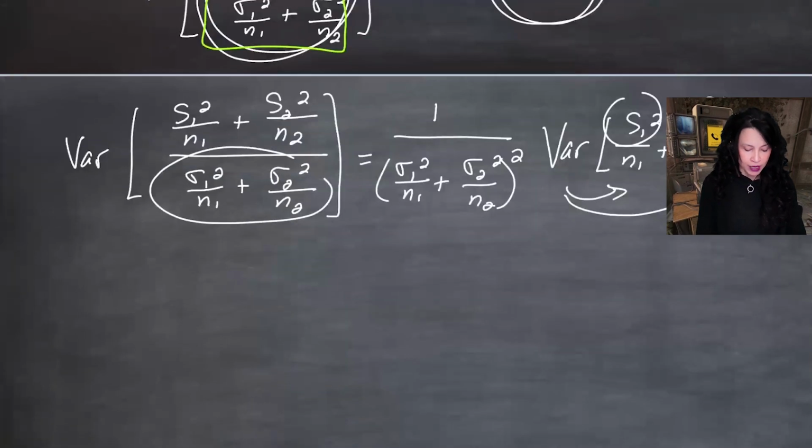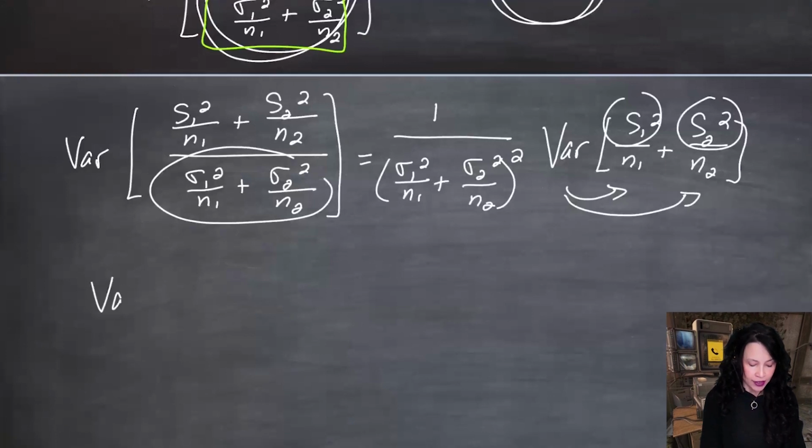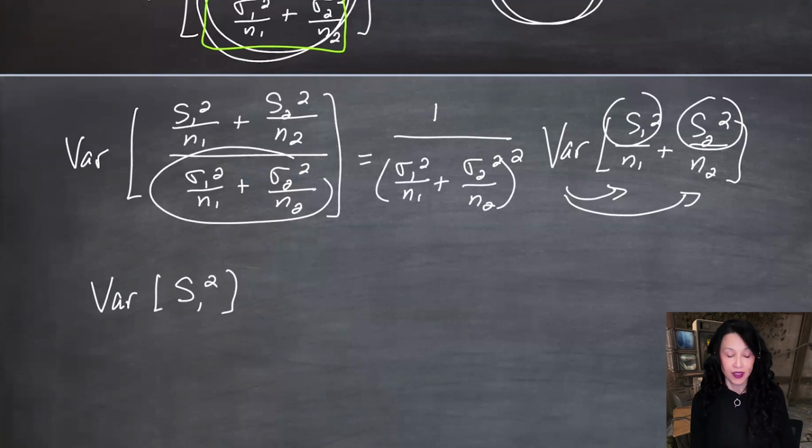So it really comes down to, can you find the variance for, say, s1 squared, and the s2 squared is going to be similar.